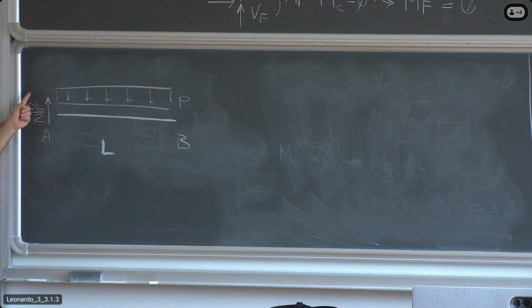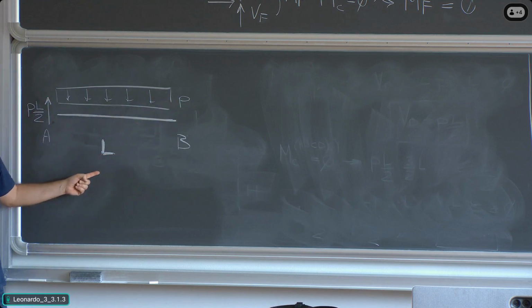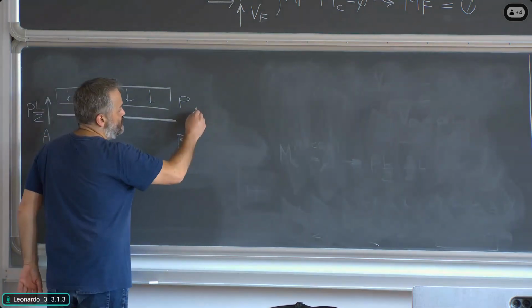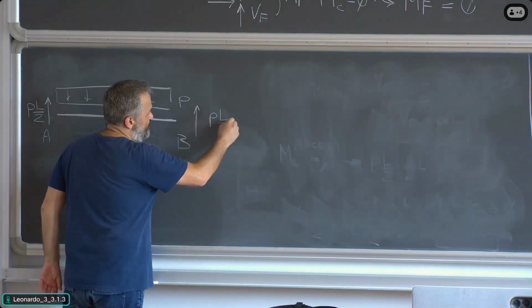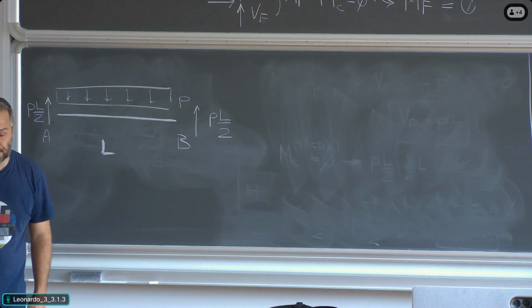Simply, if you have PL divided by 2 at A, and the load applied is P times L, at the second end, which is B, we will have PL divided by 2. No doubts about it. And don't get confused.